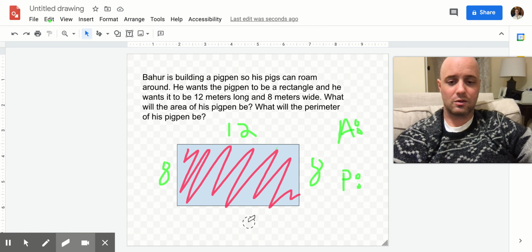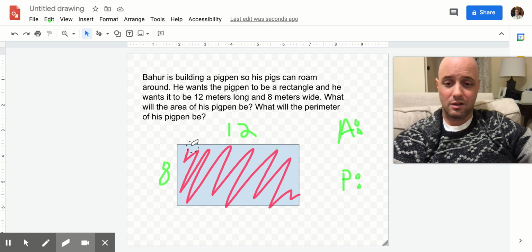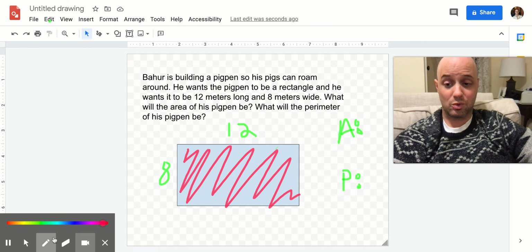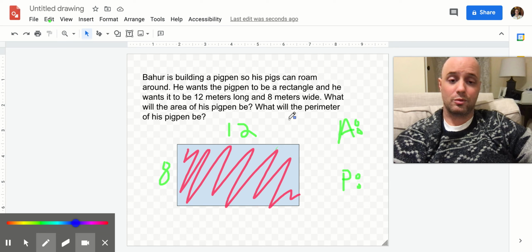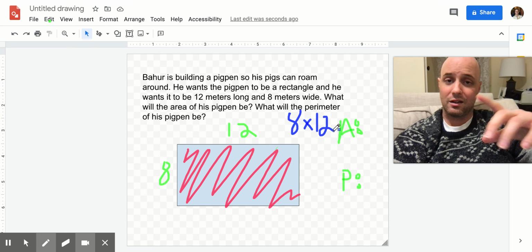You would just notice that it's an 8 by 12. So there would be 8 squares up and down, and there would be 12 rows of them. So for area, you multiply 8 times 12. And that's just like what you had been doing.